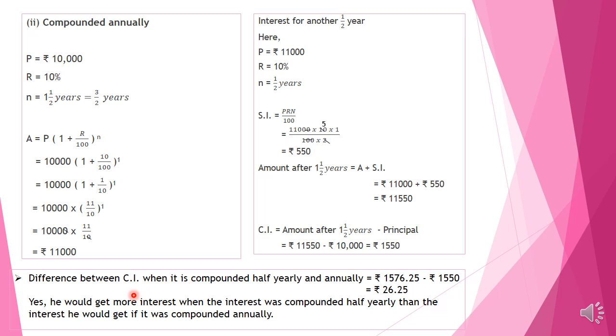So children, we know very well compound interest which we calculate based on half yearly is always greater than that based on annual basis. So we can write, yes, he would get more interest when the interest was compounded half yearly than the interest he would get if it was compounded annually. Okay children, I think you might have understood, right?